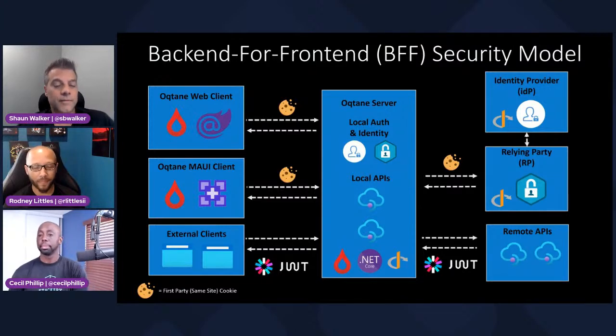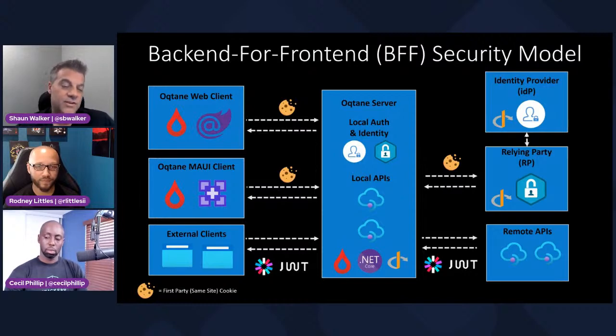Okay. Yep. Cool. So obviously we have the Oqtane web client, which is using either Blazor WebAssembly or Blazor Server. And then we've got the ability to support Blazor Hybrid as well, which would be your Maui client, your desktop client, which can still communicate with the same backend.